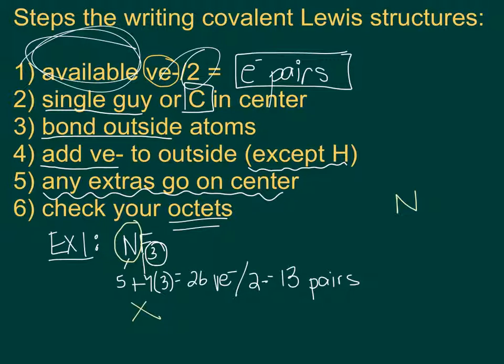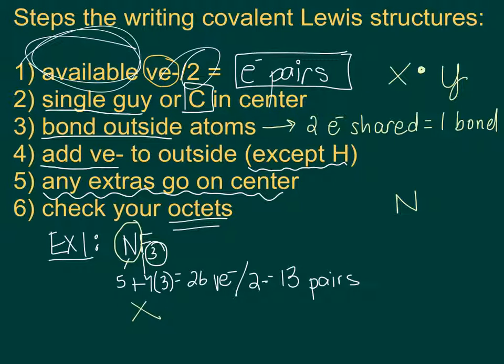Rule 3 says we want to bond outside atoms. Going to take a little break here. What the heck is a bond? Out to the side of rule 3, put: a bond is 2 electrons shared. If I had element X and element Y, and they both were sharing electrons, it might look like this.